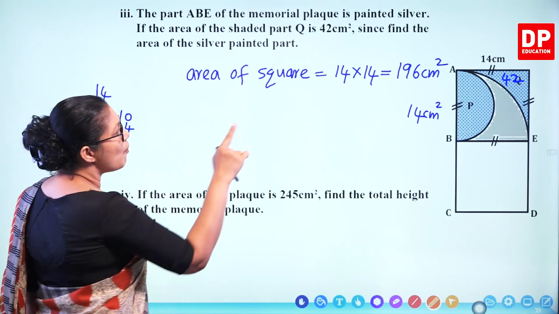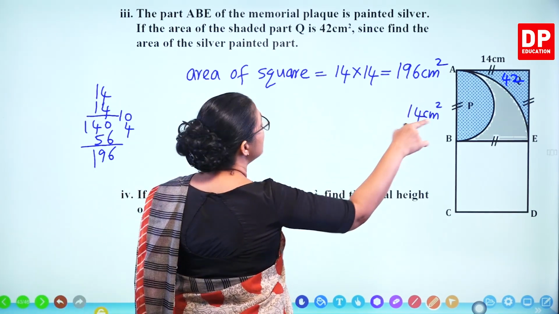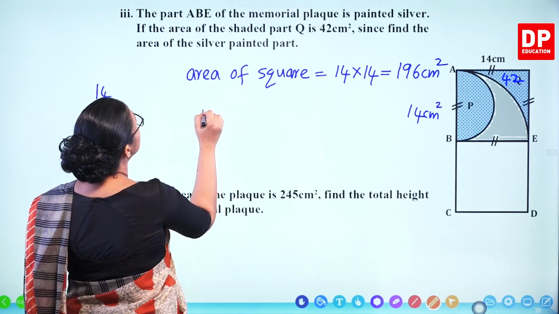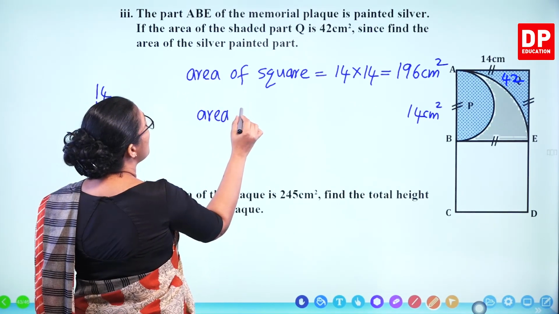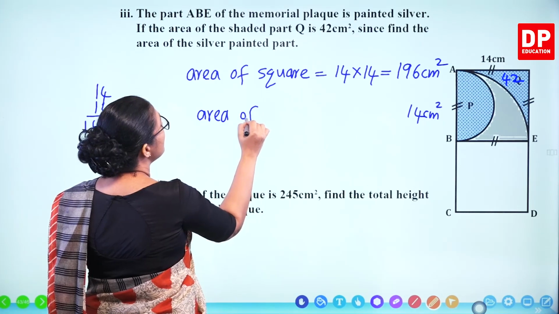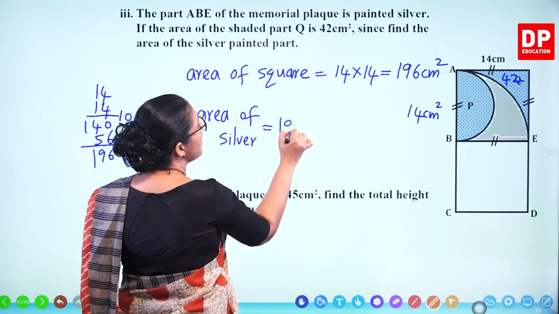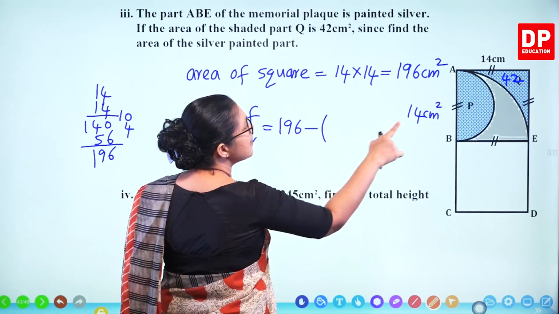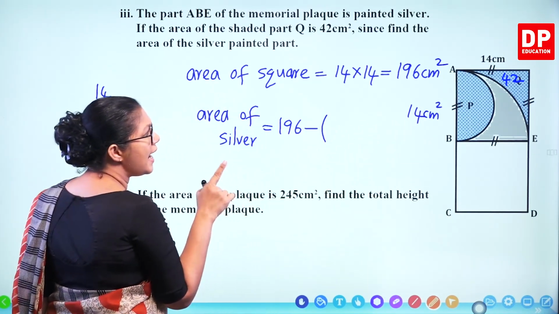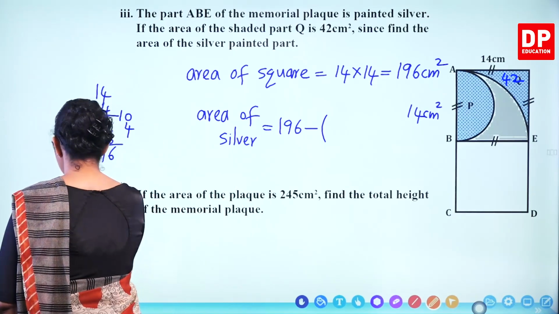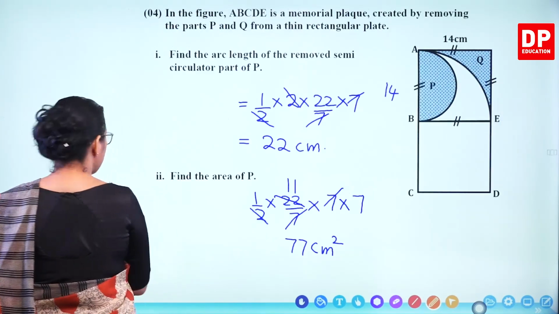Then what's the area of the silver part? So area required, area of silver part becomes 196 minus these two. So we found the area of the semicircular part, that's 77.